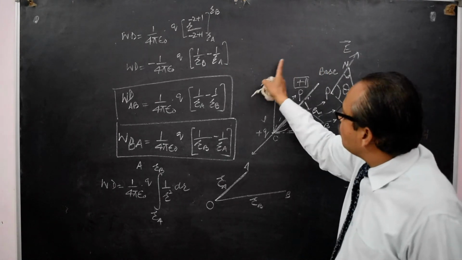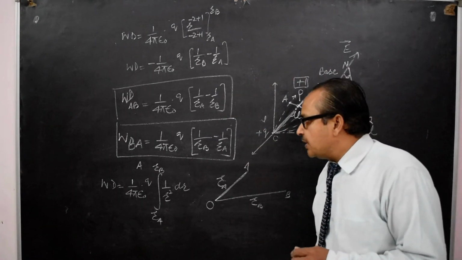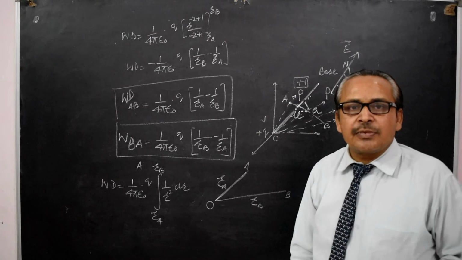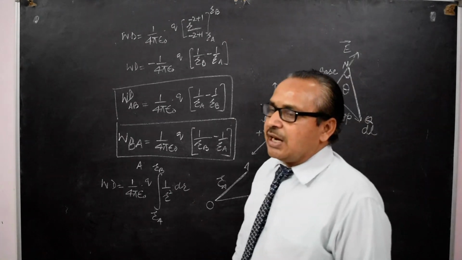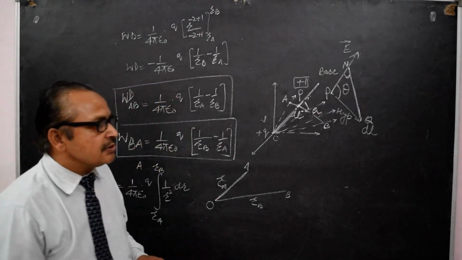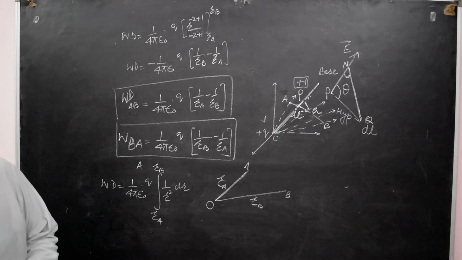If it is from 2 to 1, it is 2 minus 1. Any doubt? With this, we conclude the article which was to find the line integral of electric field.